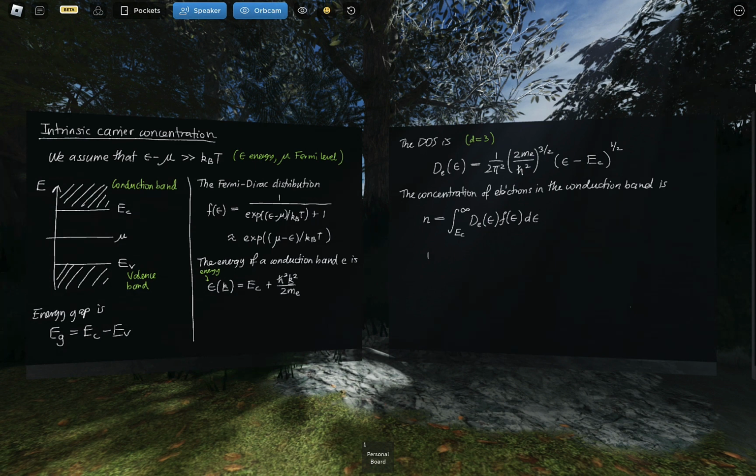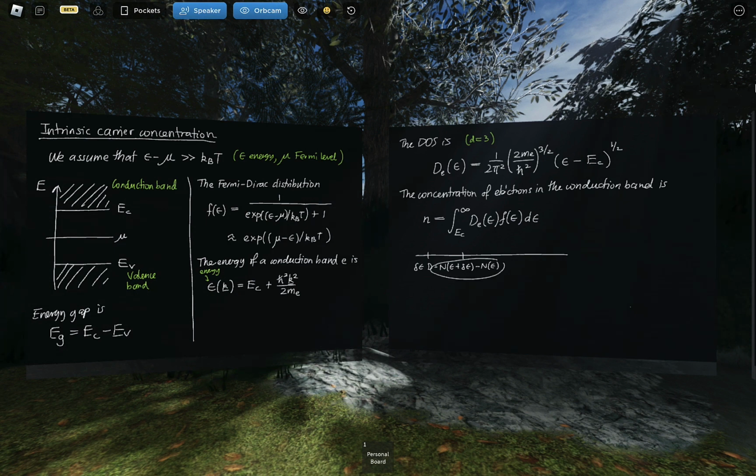If you think about it, the density of states was basically the number of states at E plus delta E minus the number at E, divided by delta E. So if I multiply by delta E, I have something that looks like this. And what am I doing when I do this integral?